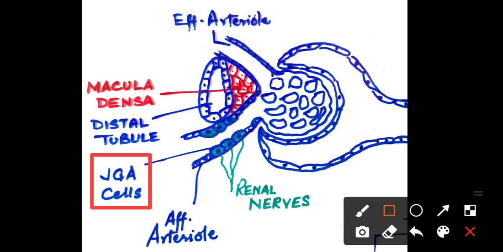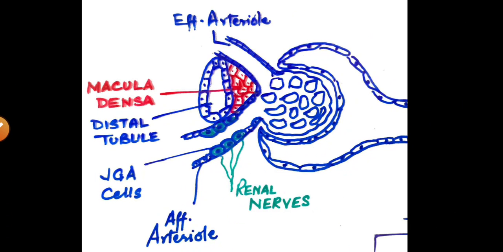Now what happens in this system? What is the function of this system? To give you some concept of the function, first of all we have to consider a particular situation. If the salt concentration in the blood decreases, there will be two things.